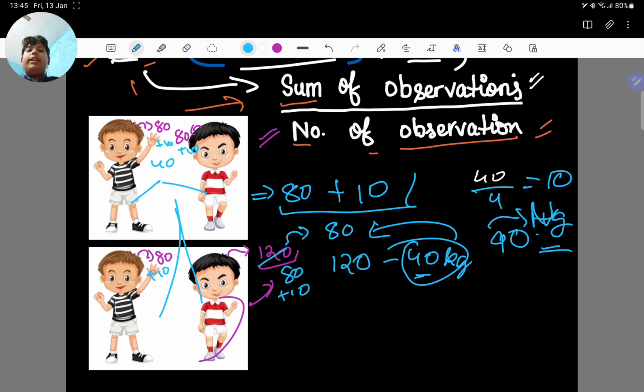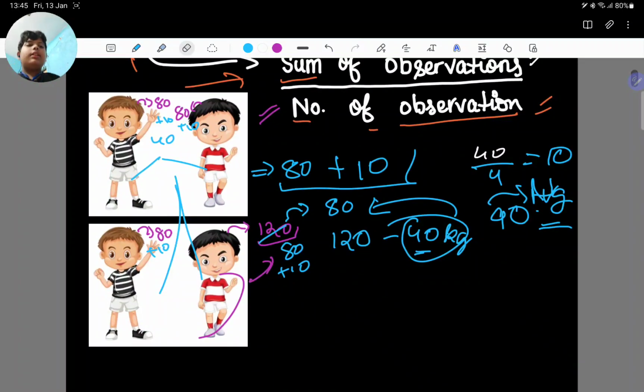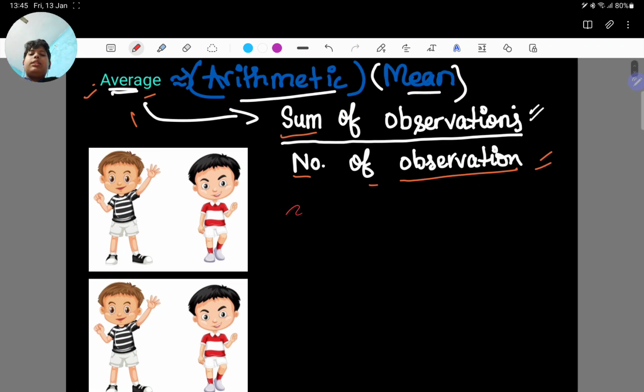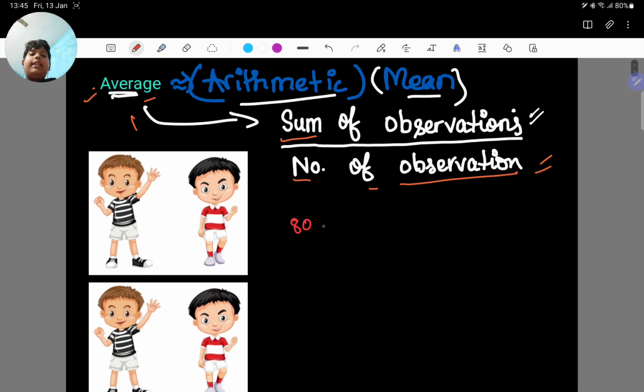And that's how we did this. Now we can also look at the formula. Let me erase this. So the formula is sum of observations upon number of observations. The sum of observations in the previous question was 80 plus 80 plus 80 and one was 120, and the number is 4.